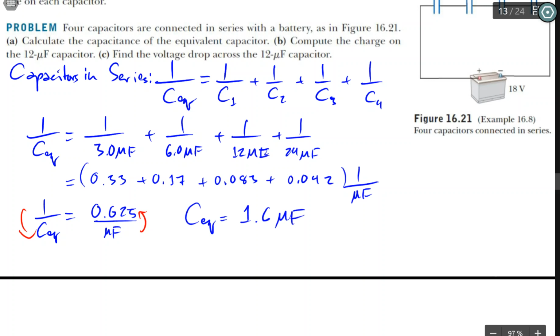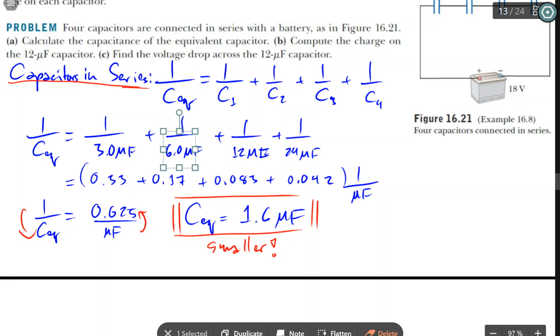Now what you'll notice from capacitors in series versus capacitors in parallel is that this has indeed made the capacitance way smaller. Okay, but for whatever reasons you want the circuit to be like that, that does happen.